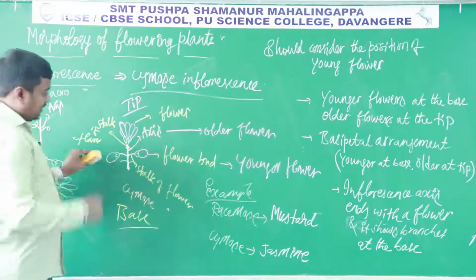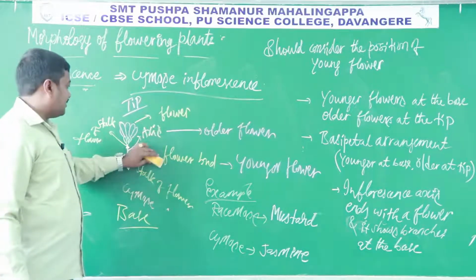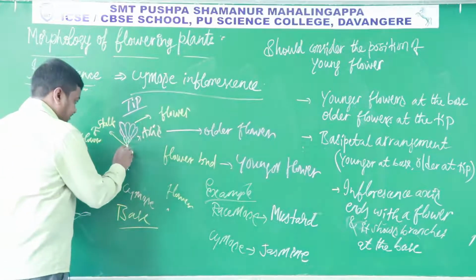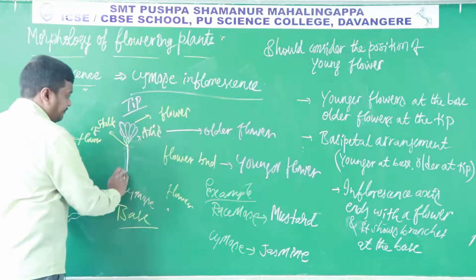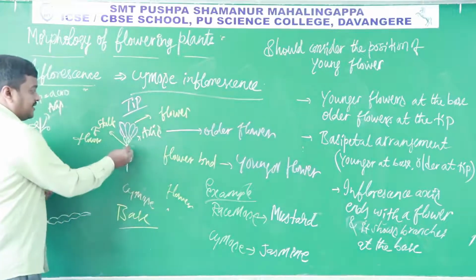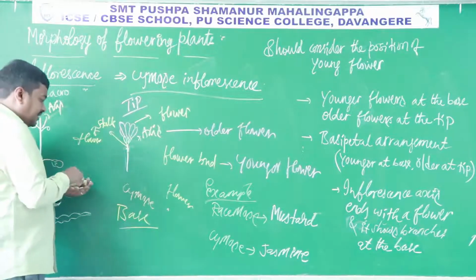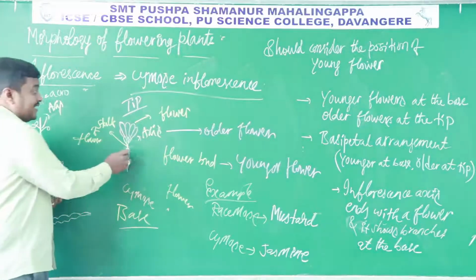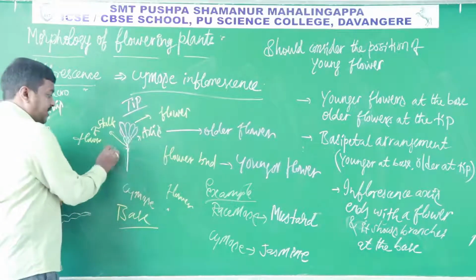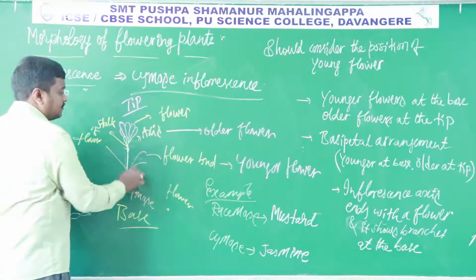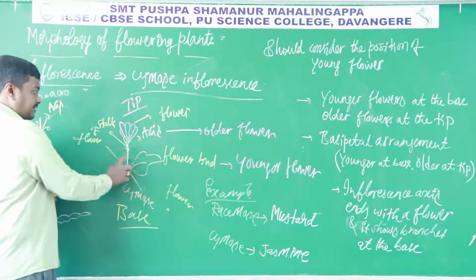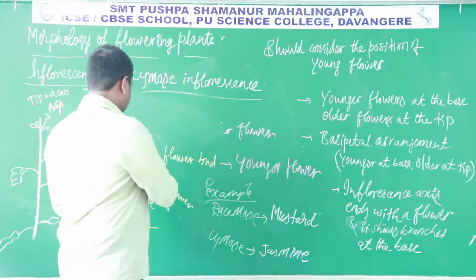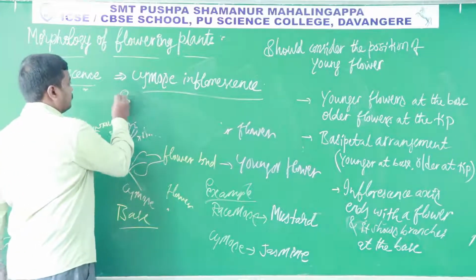And for cymose I would like to add one more character. Here the main axis without any branches at the base ends with a single flower. Up to here is the inflorescence axis, then it has the flower axis, the flower stalk. So when one inflorescence contains only one flower, when the inflorescence axis ends with one flower, it is called solitary.